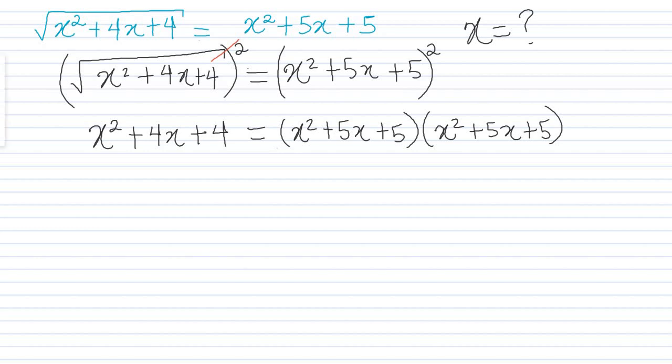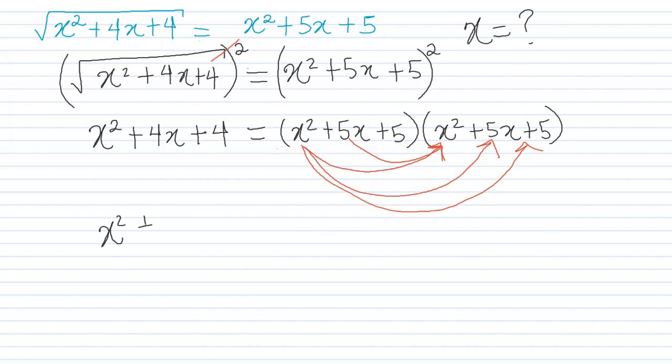Now, if we want to solve for x, we have to expand the right side of the equation, where you have x squared times x squared, and you do the same for each term, and you keep on doing that. At the end of the day, x squared plus 4x plus 4 equals x to the 4th.